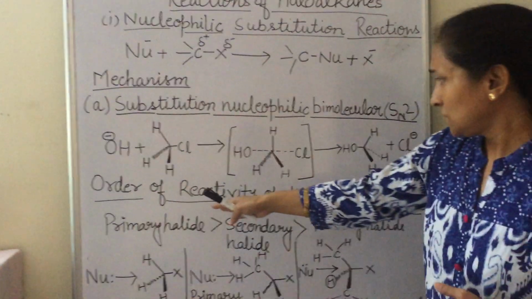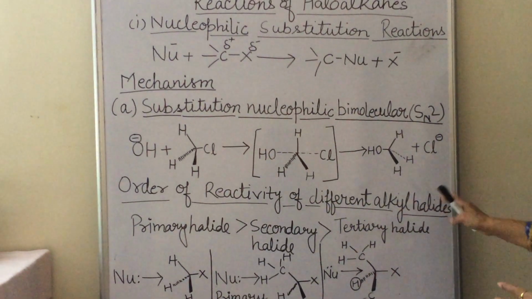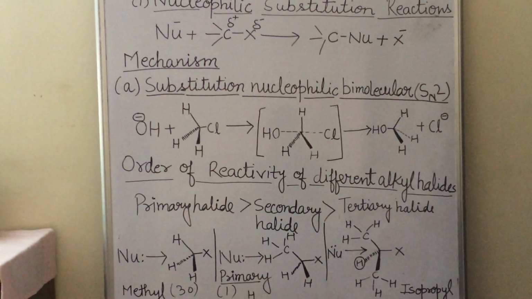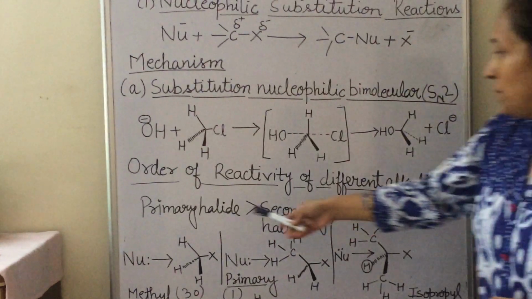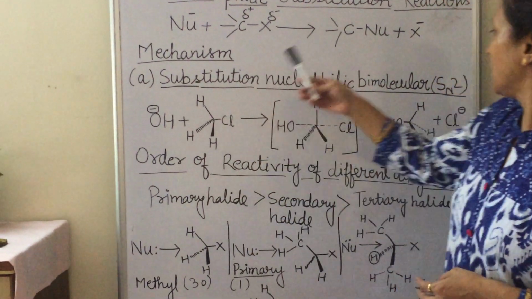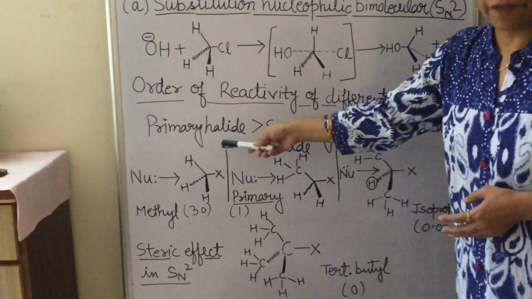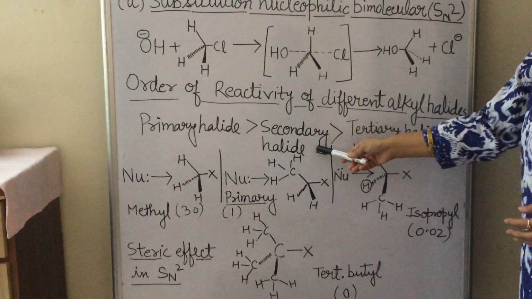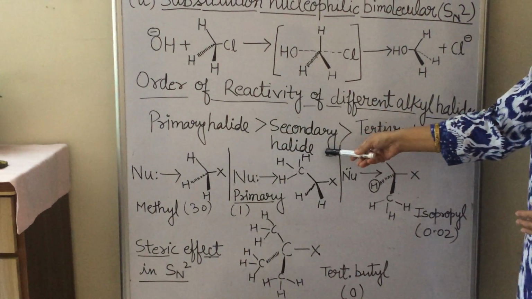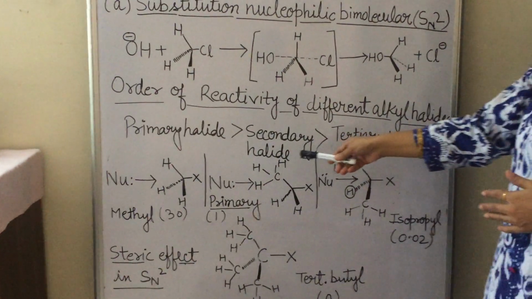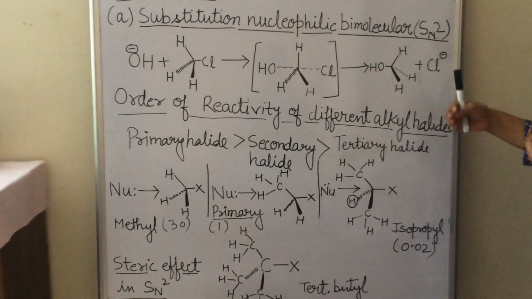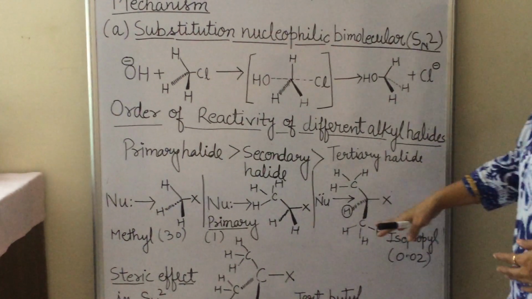Now what is the order of reactivity of different alkyl halides? Primary alkyl halides give the SN2 reaction very easily or fast, you can say. Compared to primary halide, for secondary the rate of reaction will be less, and for tertiary it is very less or does not take place.